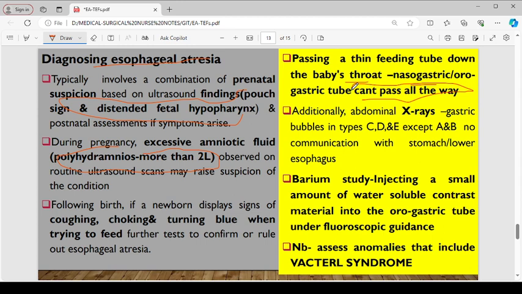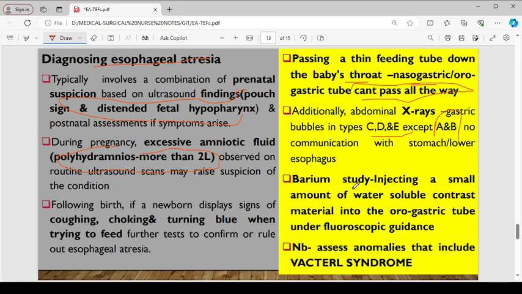Okay, additionally, you could do abdominal x-rays where you're going to observe the gastric bubbles, especially in type C, D, and E, except for A and B, because in A and B we normally don't have communication with the stomach or the lower esophagus. Okay.